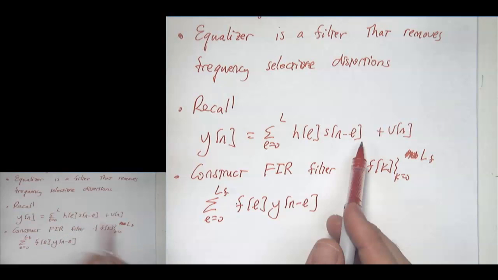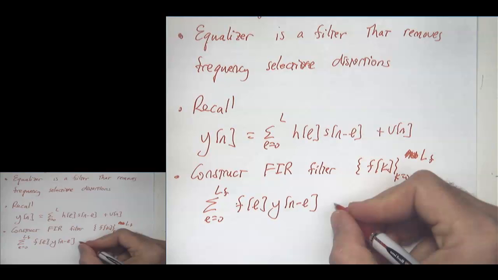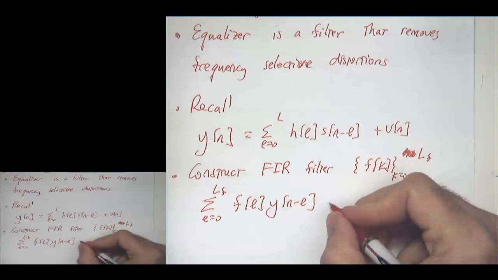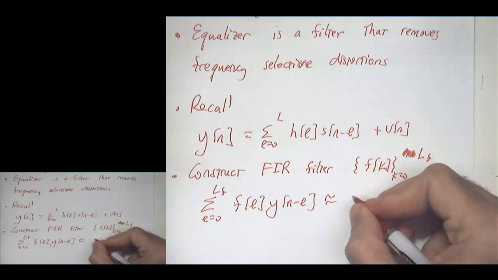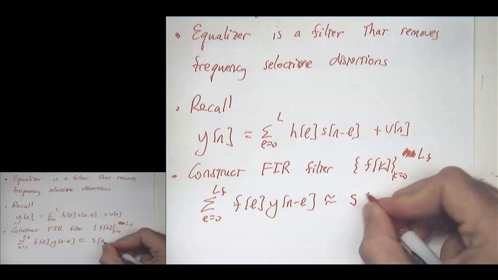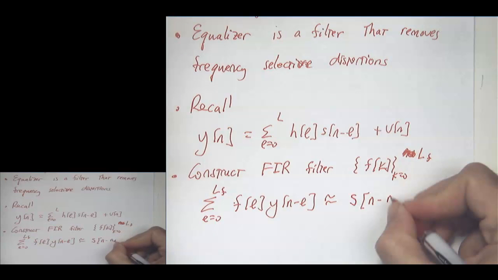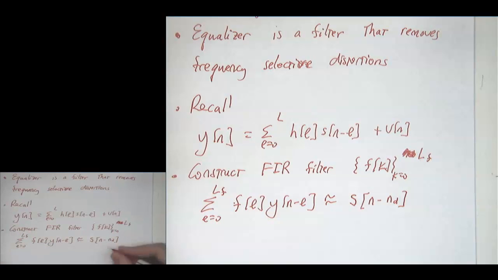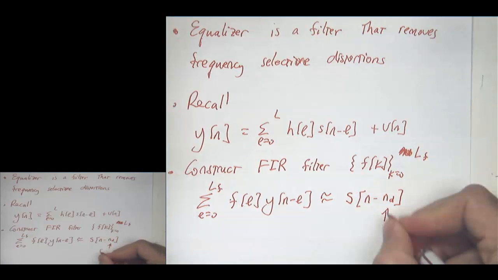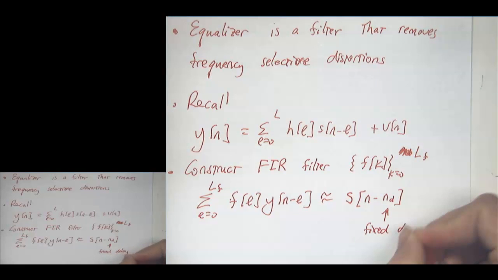That turns out to be hard, and we're not going to include that noise in our formulation. What we want is this filtering operation to give us essentially one of the symbols that we sent. But instead of requiring that we get s of n, we're going to be a little bit flexible and require that instead we get a delayed version of what we transmitted. So this n sub d is going to be a fixed delay here.